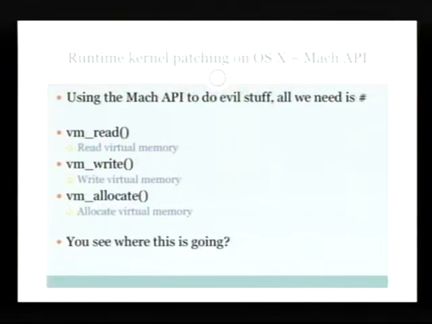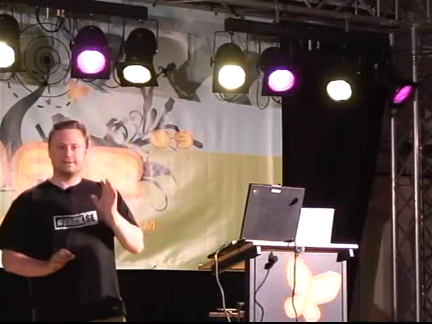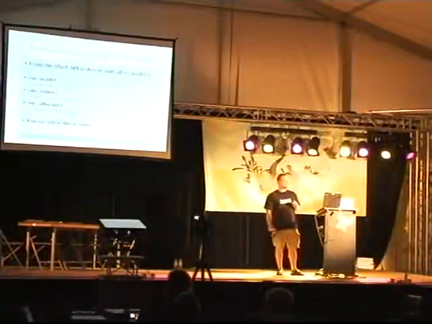Instead of reading and writing to /dev/kmem, we have Mach API kernel functions that we can use. vm_read, fairly simple, reading virtual memory. vm_write, writing to virtual memory, and vm_allocate. Now, this is the thing that makes this special. It's a very, very useful function.